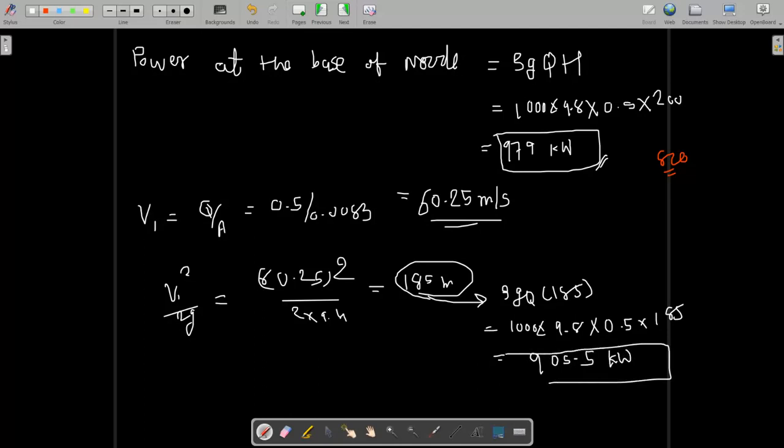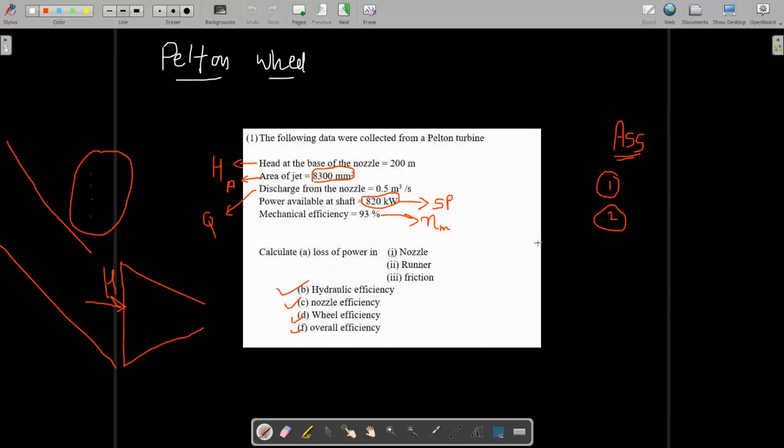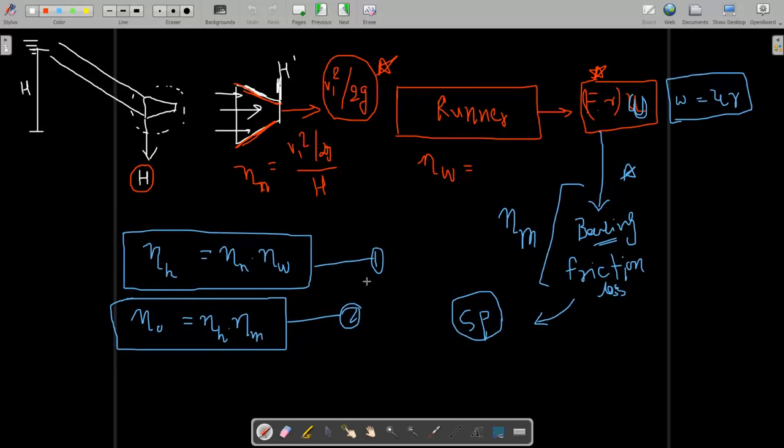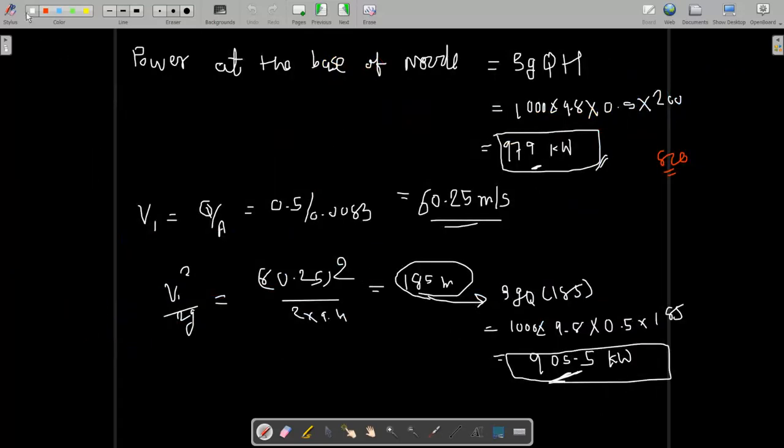So here you can see from 979 to 905, this much loss is only in nozzle. So what you have to find is the nozzle losses, the loss of power in nozzle. So how much loss, the difference between these two.